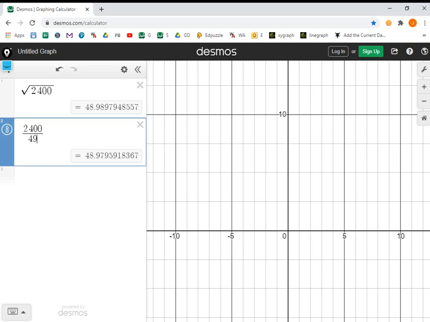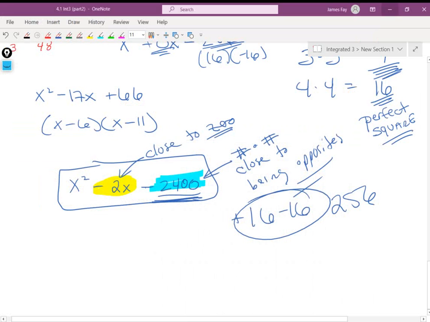If it gave me a whole number, then that's one of my factors. But it doesn't give me a whole number. So then I'm going to take that 49 that I'm dividing by and move it up one more. And it gives me a whole number now, right? What do you notice about the difference between those two whole numbers? How far apart are they? They're 2 apart.